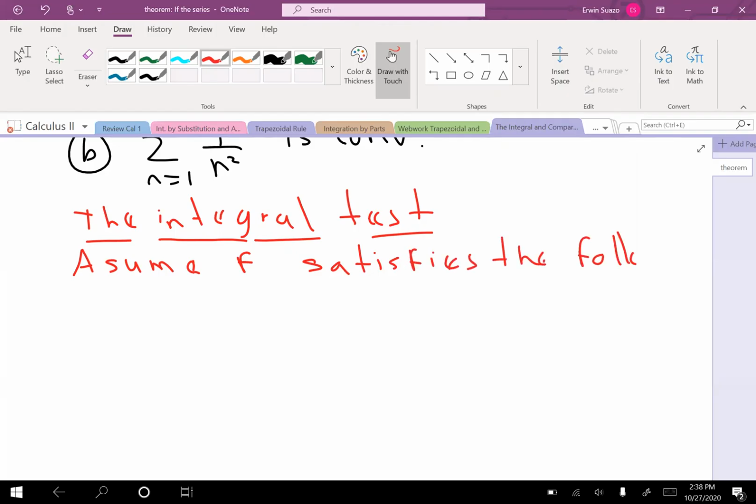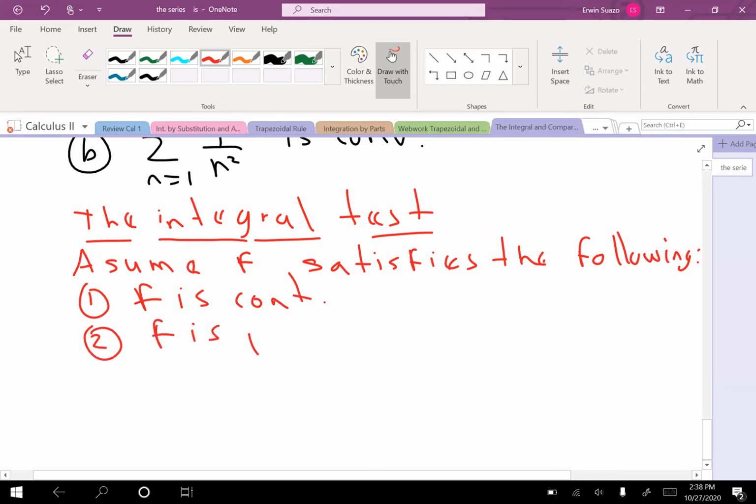Before using this powerful, easy tool, you need to prove first: 1, f is continuous. 2, f is positive. 3, and the hardest, f is decreasing.